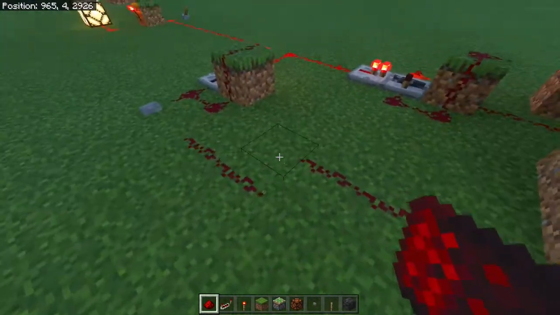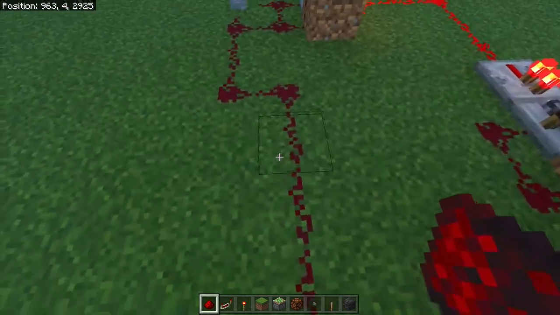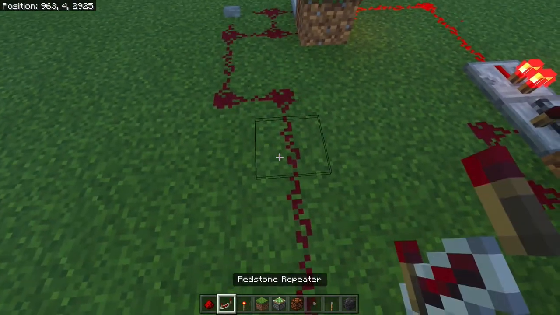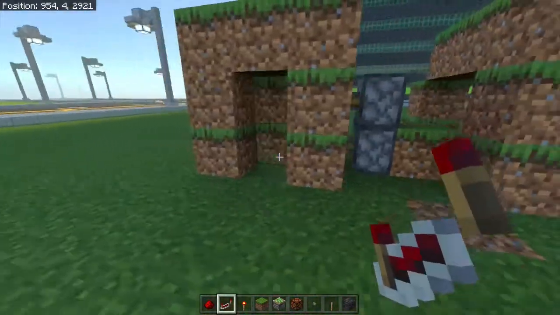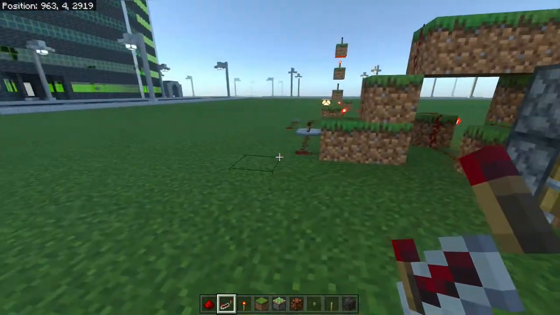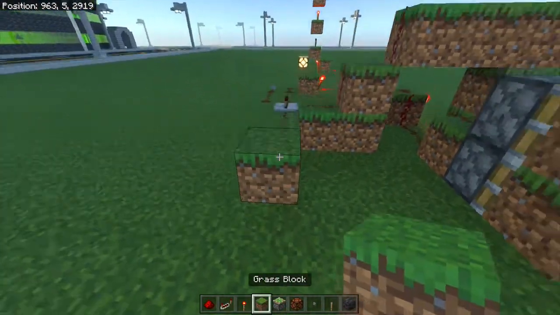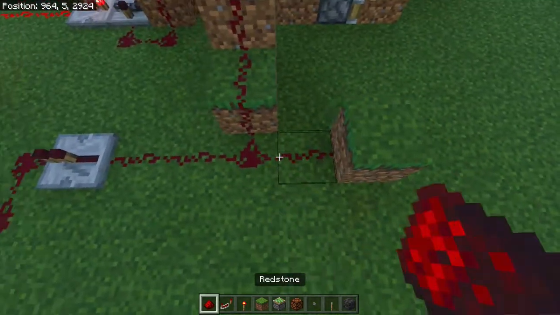Alright. So we'll go back over here, we'll have that connect to that circuit, and we'll stick a repeater in just in case we need it. It's kind of far. Alright. Do that. You can close the door, you can open the door. And then back here, you have another button, say over here, that does the same thing.